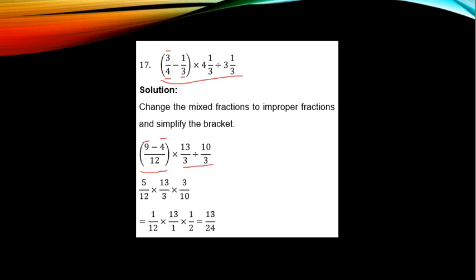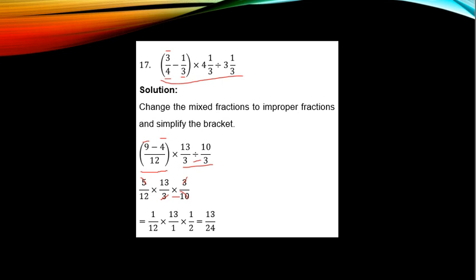Okay, so when you subtract, you have 5 over 12 times 13 over 3. Then this sign changes to multiplication, and you invert the fraction 10 over 3 to 3 over 10. 3 cancels 3, 5 in 5 is 1, 10 divided by 5 is 2.